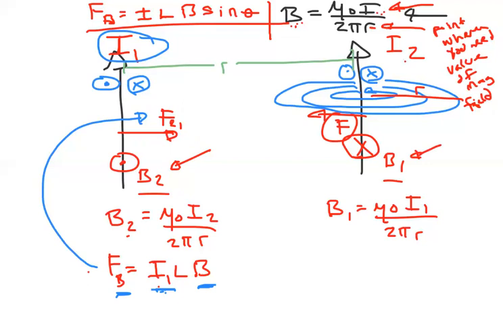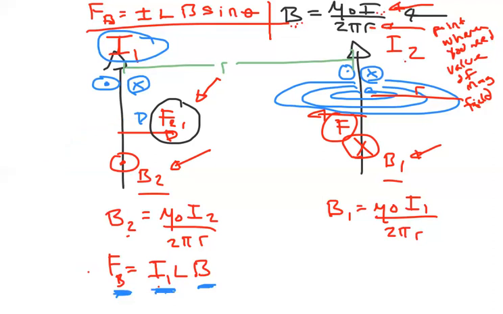So we're looking for this force. It's there because of the magnetic field from I2, but I2 isn't the one feeling this force right now. We're talking about the force on I1. So I1 is going to be the one feeling this force. So that's why we're using I1 as the current in the FB.